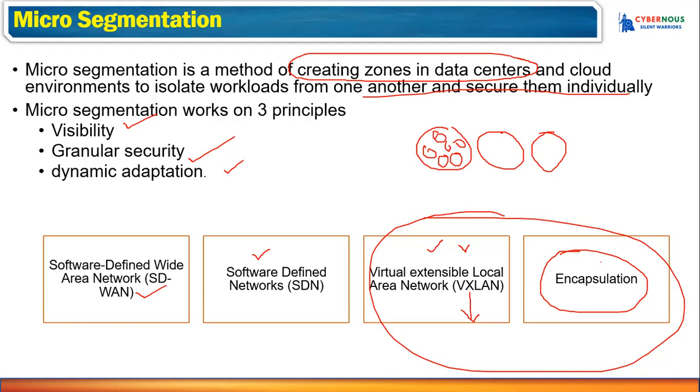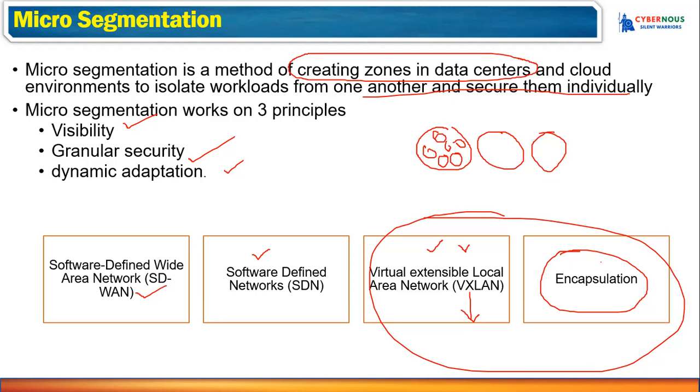So coming back to micro segmentation. The traditional network segmentation is what we have discussed, right? That is where we do segmentation. Now in micro segmentation, we are going a step deeper, right? It is just like, you understand, in the COVID situation, we came out with a concept called containment zones.